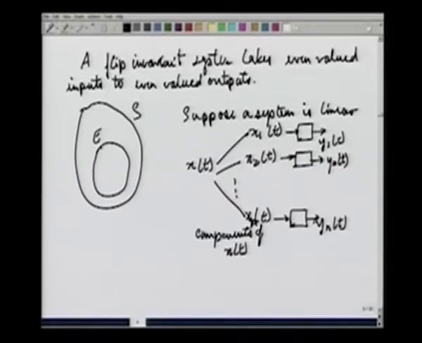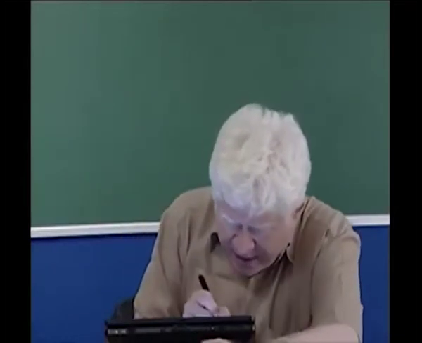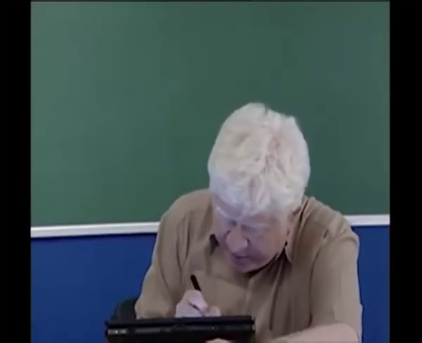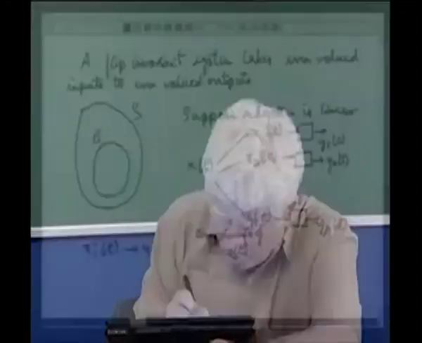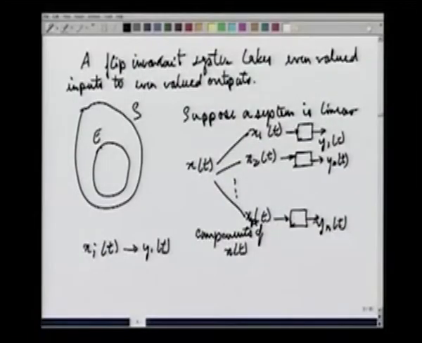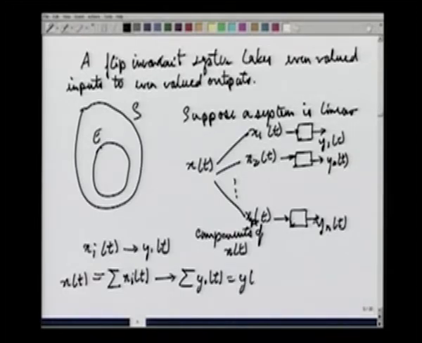Because the system is linear, we know that given the fact that xi(t) yields yi(t), we know that x(t), which is equal to the summation of the xi(t), will give rise to the summation of the yi(t), which equals y(t).